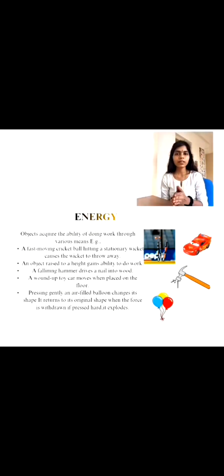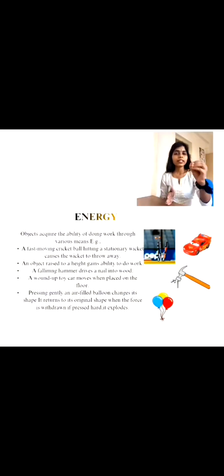The first example is a superpower, and here we can take it as some speedy superhero. So the fast moving cricket ball is taken as a speedy superhero. Here this fast moving cricket ball has a very high speed. When it moves with a very high speed, it hits the wicket.